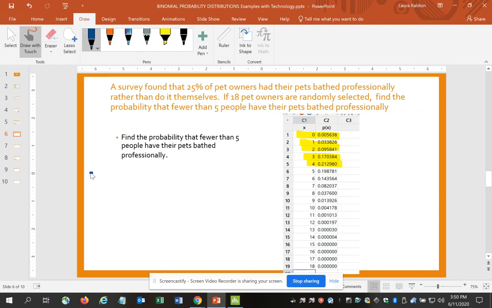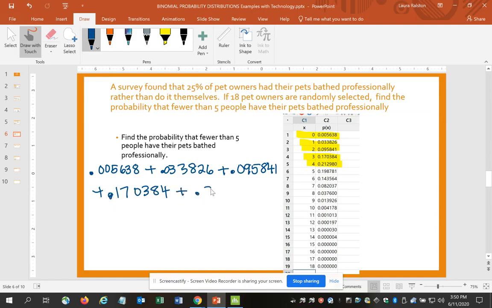So I'm going to write it out so you can have no confusion. 0.005638 plus 0.033826 plus 0.095841 plus 0.170384. And guys, I would encourage you when you're working on these to do the addition twice, just to double check yourself. Make sure that you don't enter something incorrectly and possibly miss the problem.